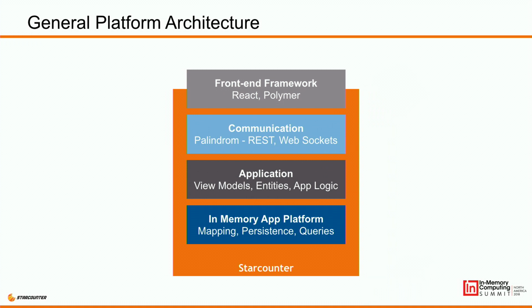So there is not much network traffic between front-end and back-end. Then we also have a front-end framework of your choice. It could be React, it could be Polymer, any other framework that can provide two-way data binding for the UI.